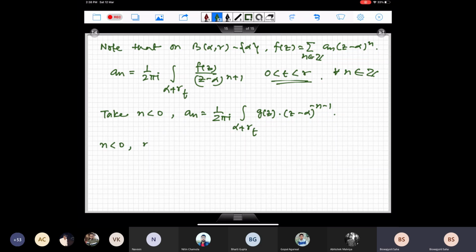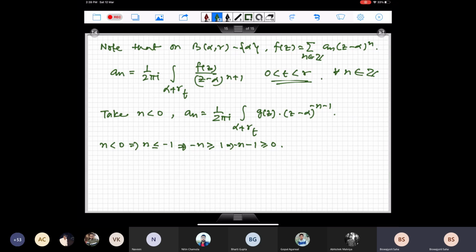So n is less than or equal to minus 1, therefore minus n is bigger than or equal to 1, so minus n minus 1 is bigger than or equal to 0. So what I get is that minus n minus 1 is non-negative.